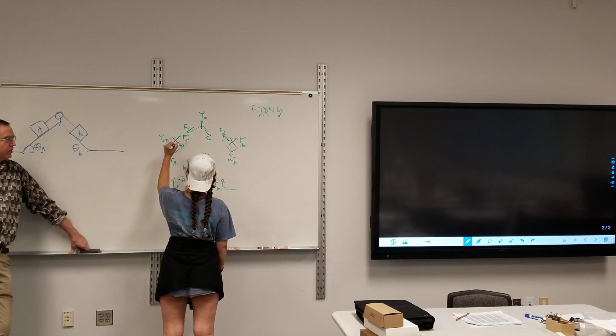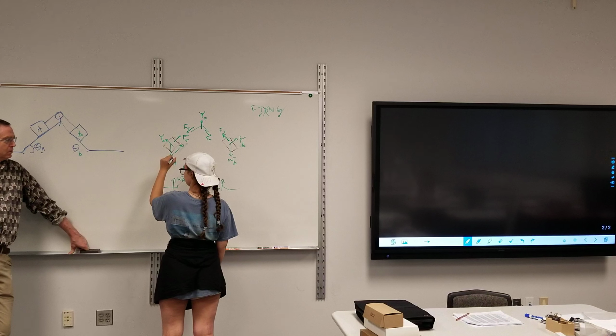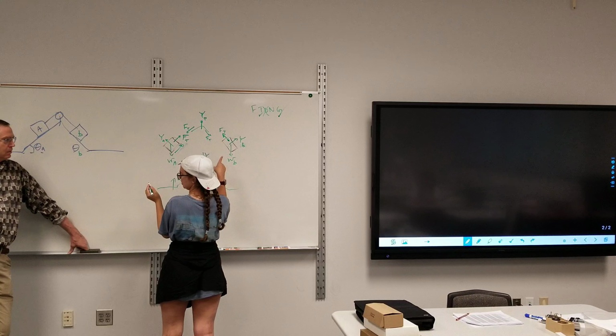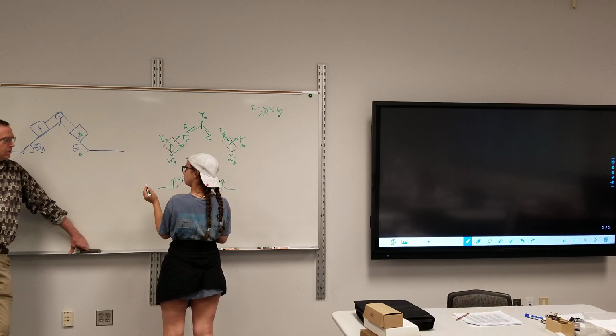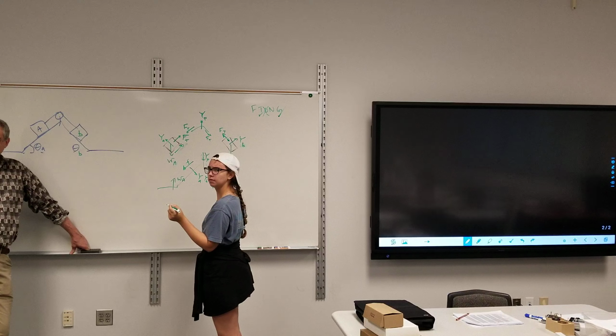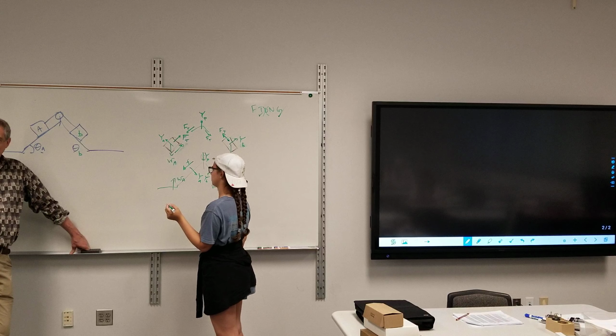Yeah. On the box, it's going up and to the right. Okay. Because it's trying to go that way with the box B. Is that what you're saying? Isn't it the reverse?